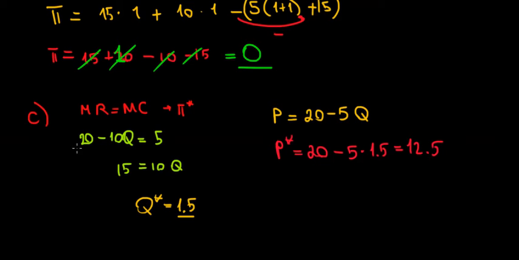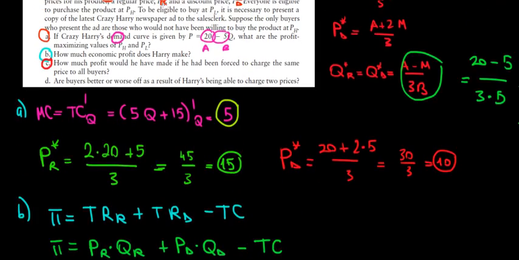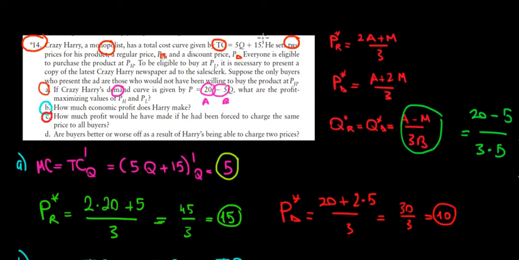Now to find out the profit, we'll just include all the data in one equation. We'll have the difference between total revenue minus total cost. So that would be the price times quantity minus the total cost. And the total cost in our question was over here, 5q plus 15.